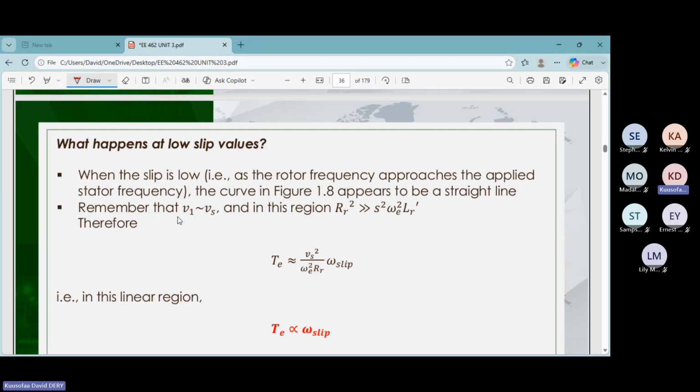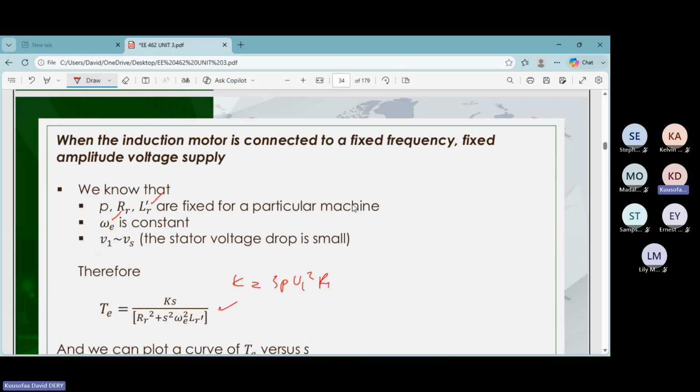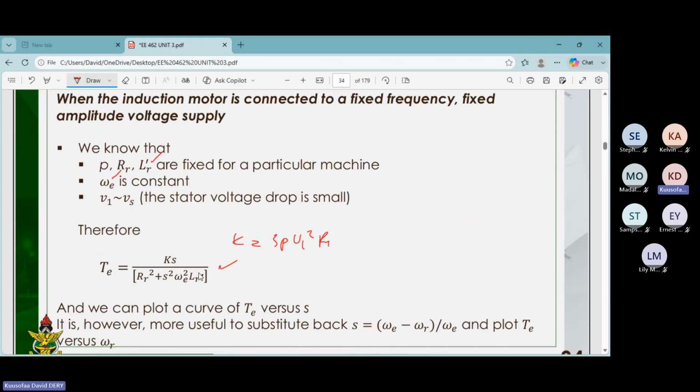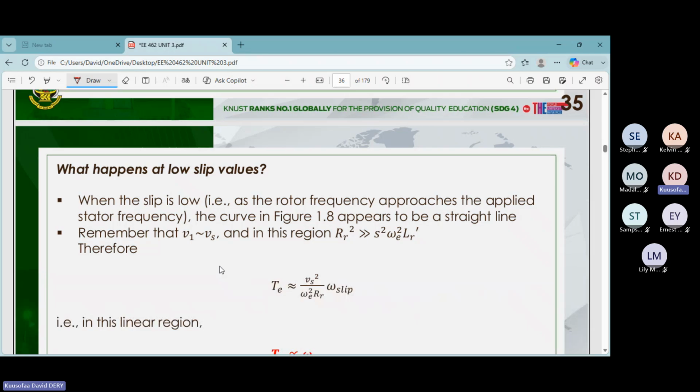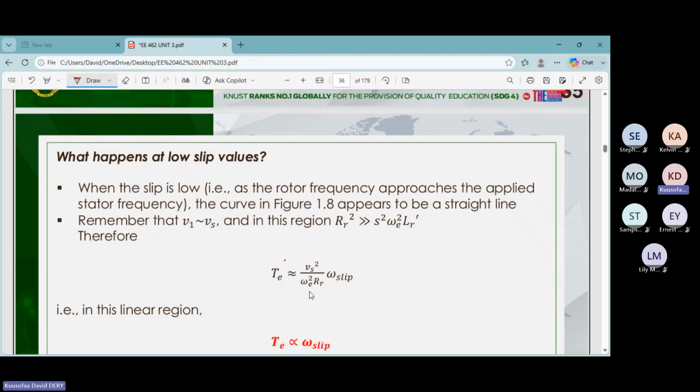We also remember that V1 is approximately V_n. So in this particular region, from this expression that we have here, because the slip is very, very small, R squared is far, far greater than this, because you are scoring slip that is almost 0. So this value will be very small compared to this, so we can neglect this. When we do that approximation, we are going to have this relationship for the torque.